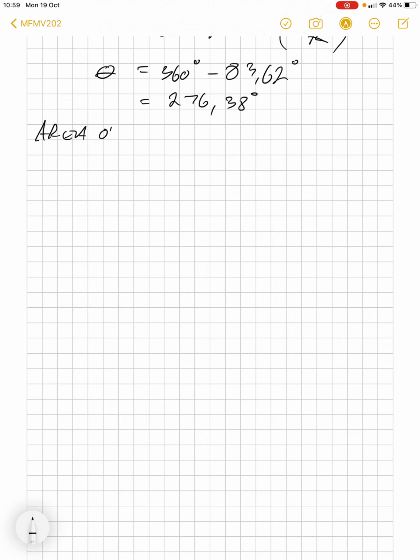Alright, so the area of flow in the circular channel is d squared over 8 times theta minus sine theta.